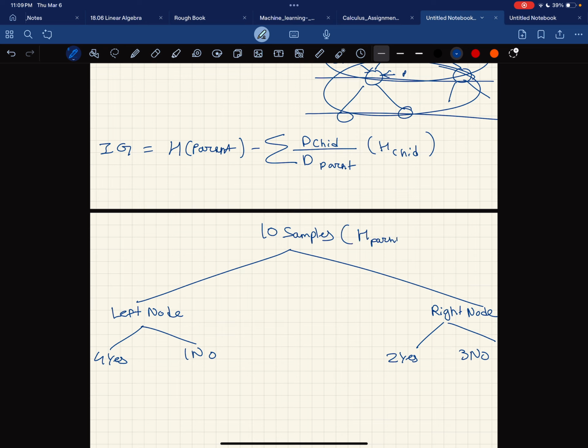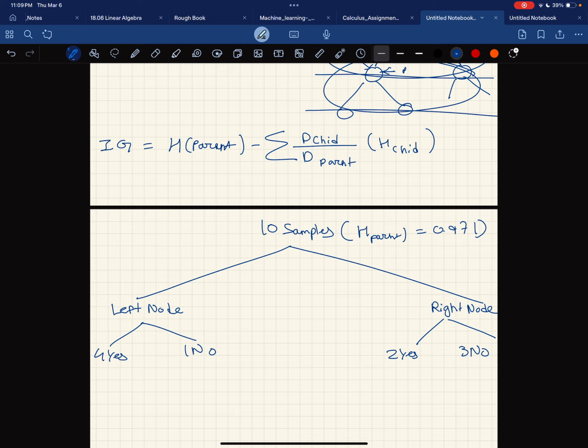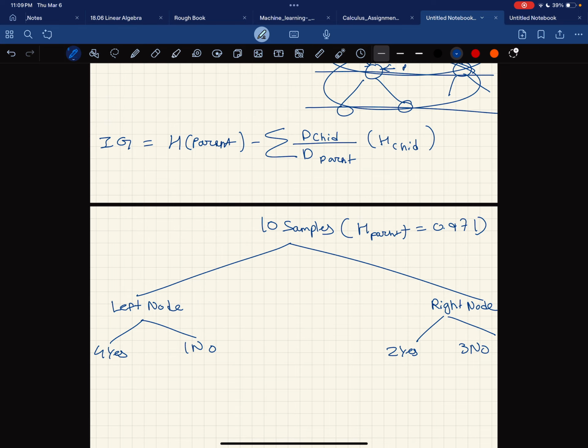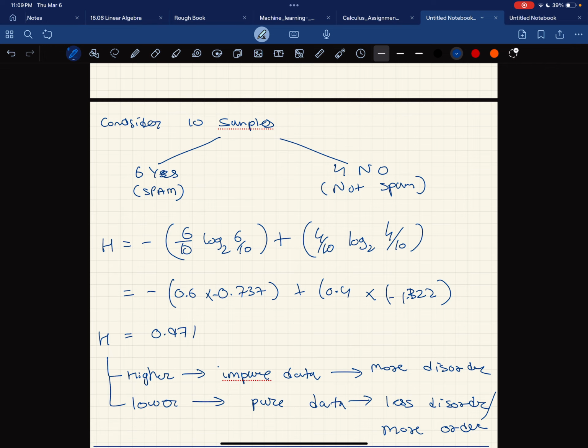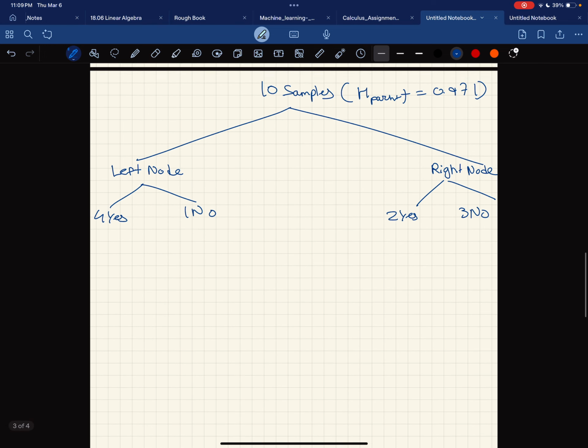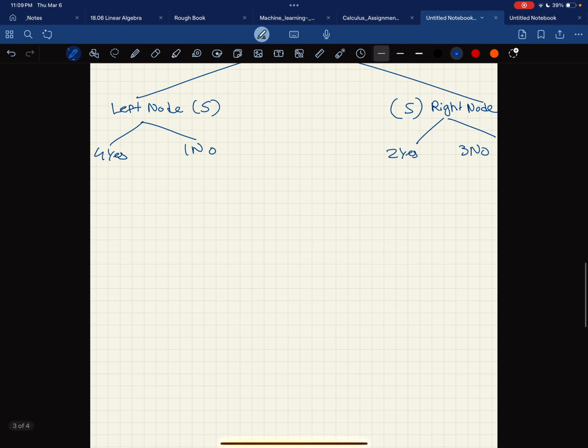Entropy of the parent was around 0.97. Let me just check. Yeah, it was around 0.971. I'm just continuing with the same example by which I explained the entropy. So that's the split. We moved further and divided into two splits. Left node had 5 samples and right node had 5 samples. Now here entropy would be... my mistake.